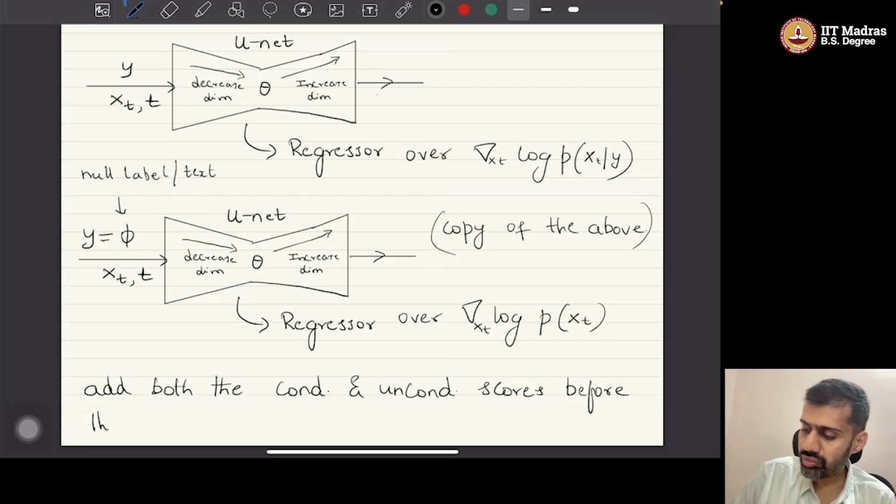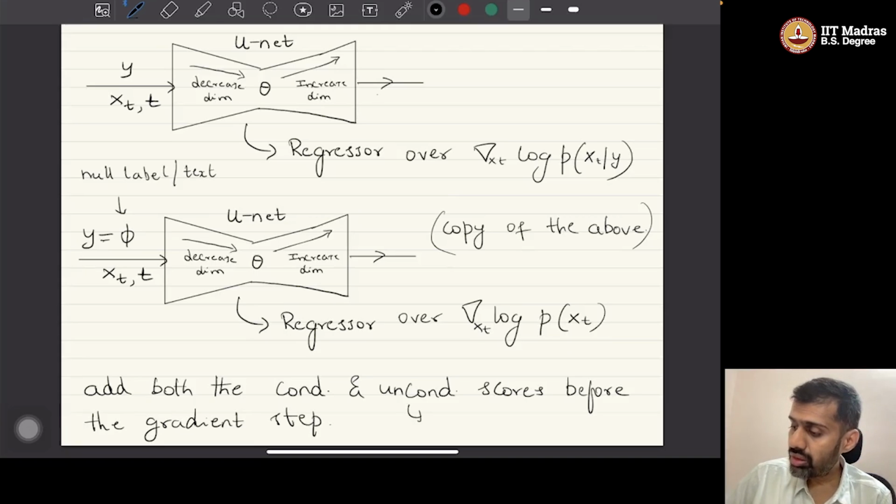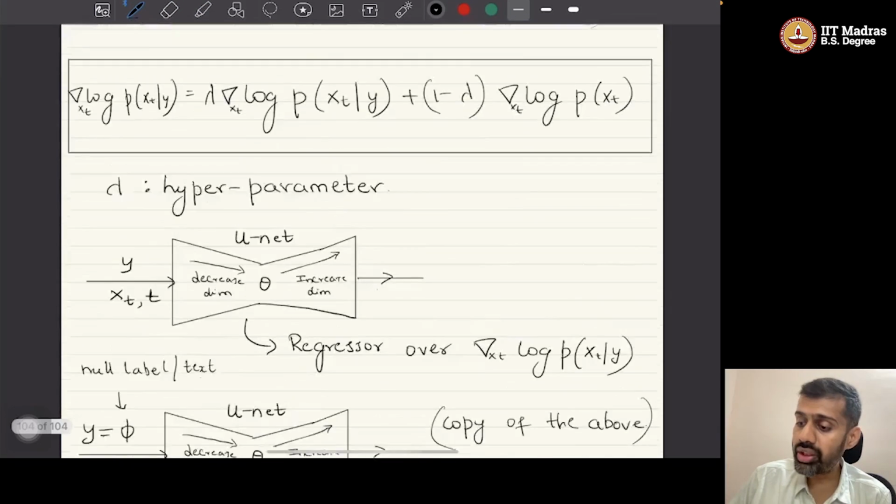That's it. Of course, with lambda scaling, you need to scale it with lambda and 1 minus lambda. Okay, you just add the conditional score, or rather I'll write it this way: add both, lambda times the conditional score and 1 minus lambda times the unconditional score, before the gradient step.